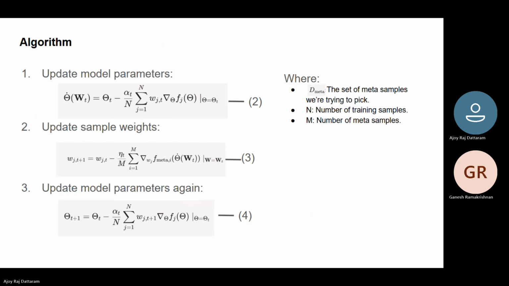Then retrain. The model improves, we adjust and repeat until it is stable or converges.